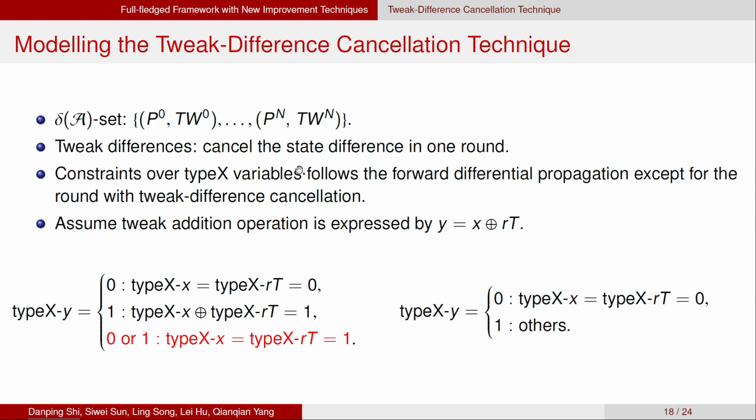So the propagation rule through the tweak addition is different for the round with tweak difference cancellation from the forward differential propagation. And the constraints for this round can be seen in these equations on the left.